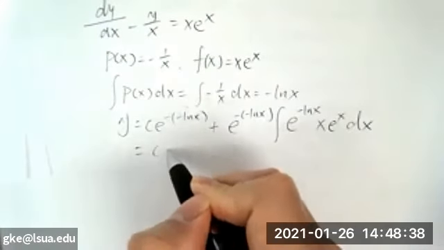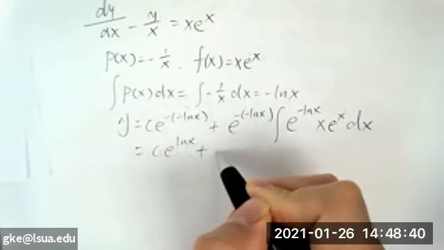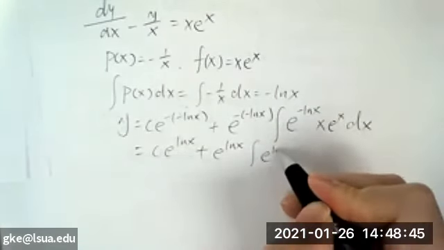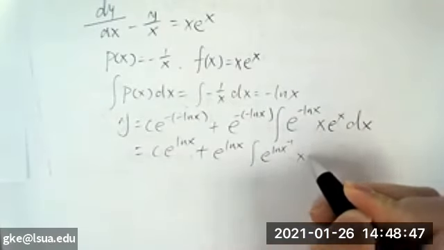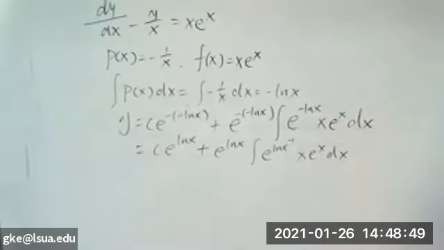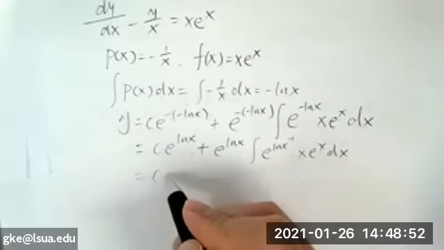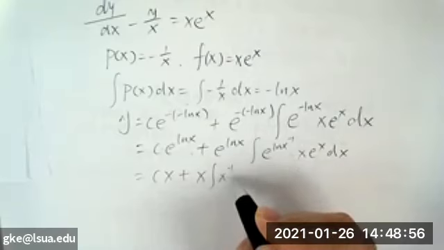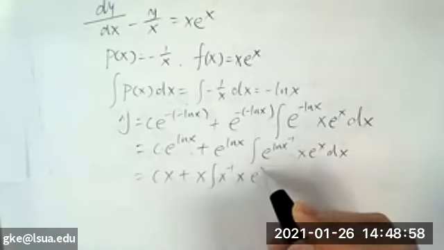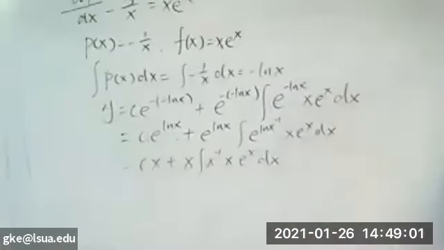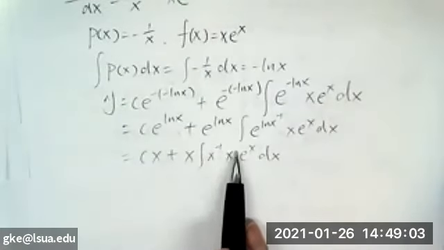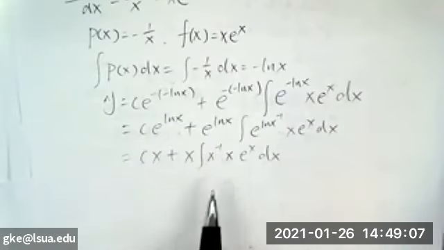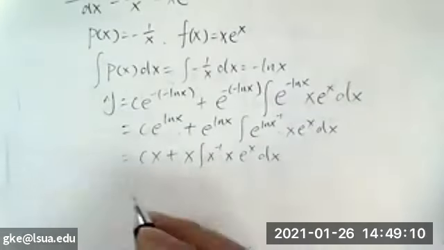We got ln e, we have x to the power -1, x to the power -1 plus 1 is x to the power 0. X to the power 0 should be 1, right? And the answer.